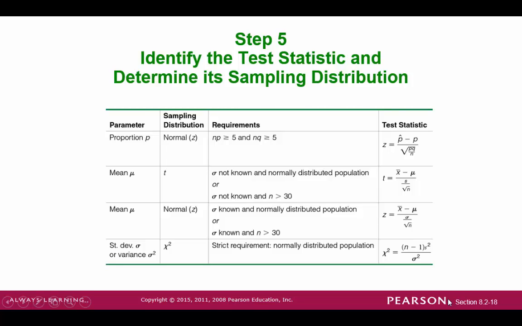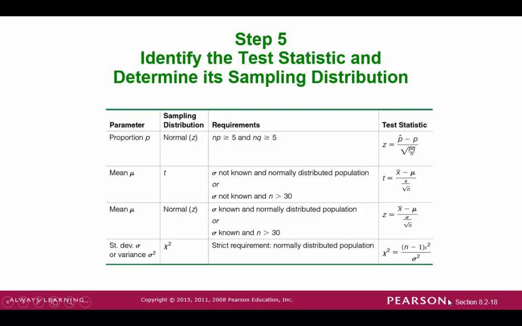Our 5th step is to identify a test statistic and determine the distribution that we will use. So here we have 3 scenarios. We have a proportion, we have a mean, and a standard deviation. Now, the proportion will be a z distribution, and our test statistic is given on the right.